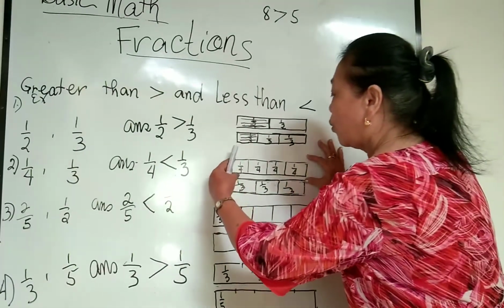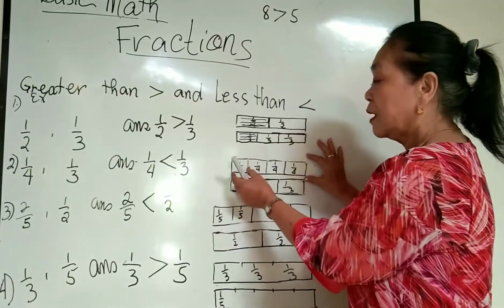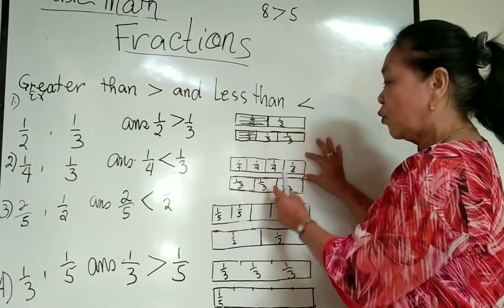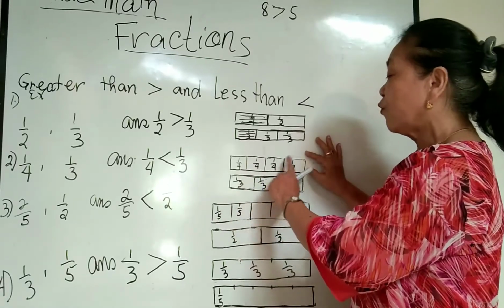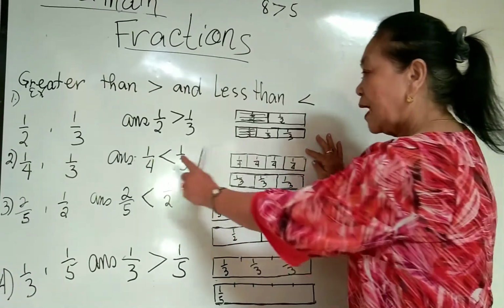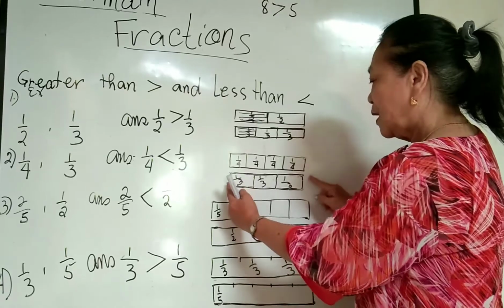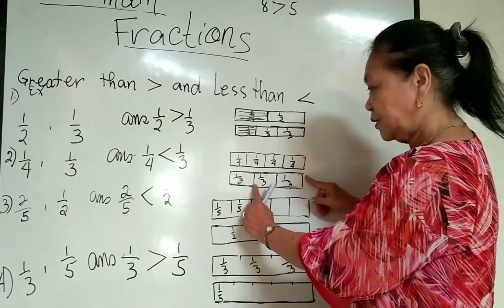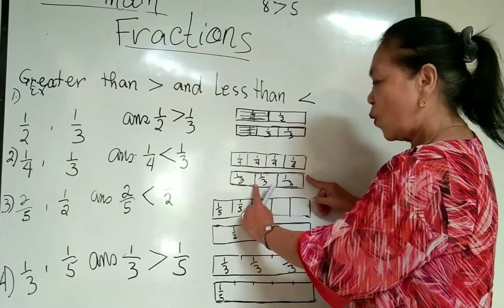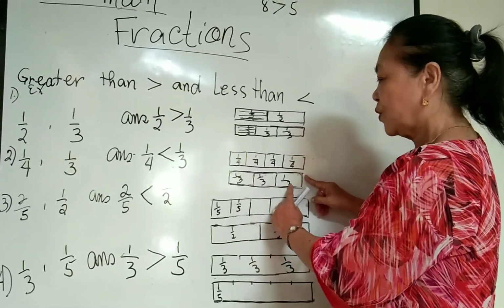This is the whole, but we are going to divide that by 4. When I divide this by 4, this part is 1/4, 1/4, 1/4, 1/4. And the other one is 1/3. A piece of paper divided into 3, meaning we have 1/3, 1/3, 1/3.